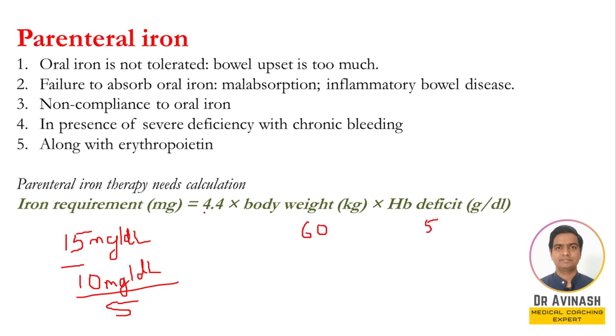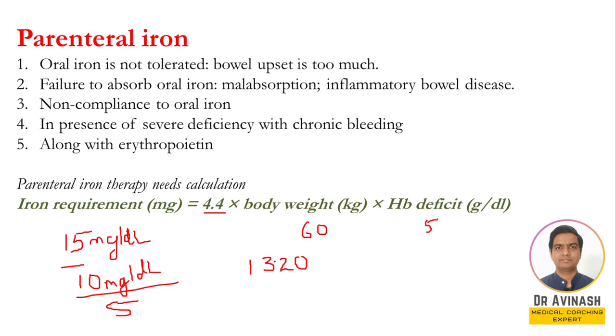So the formula becomes 4.4 into 60, because that's his body weight, into Hb deficit, as we just calculated, it is 5 mg per deciliter. Now if you calculate this, the total value will come to 1320. This is just a calculation. You can take out your calculator and do this.